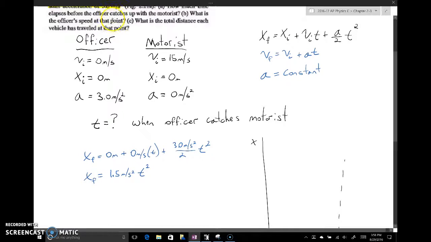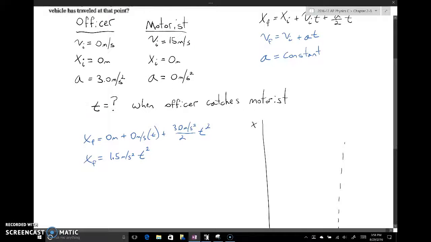meters per second squared times time squared. The motorist expression is a lot easier. He does have an initial velocity but no acceleration. So the final position of the motorist is 0 meters plus 15 meters per second times time, plus 0 meters per second squared over 2 times time squared.